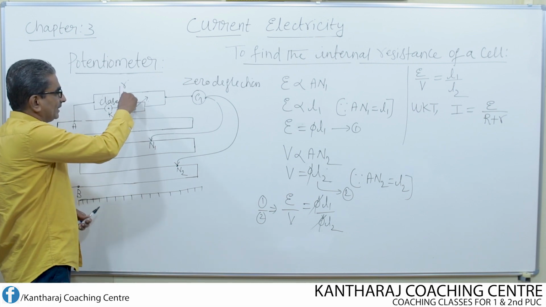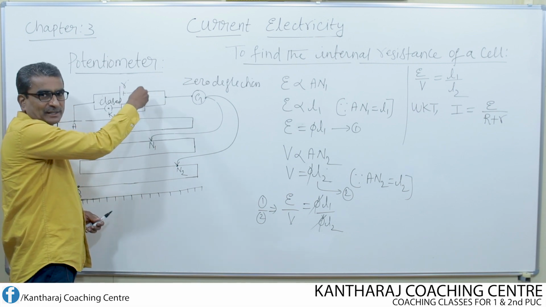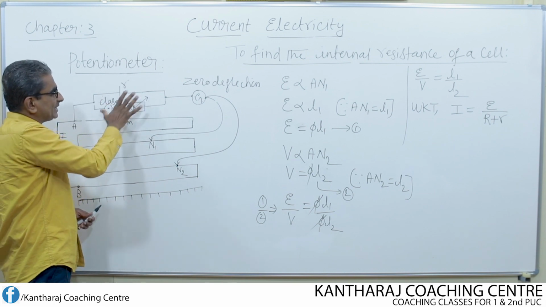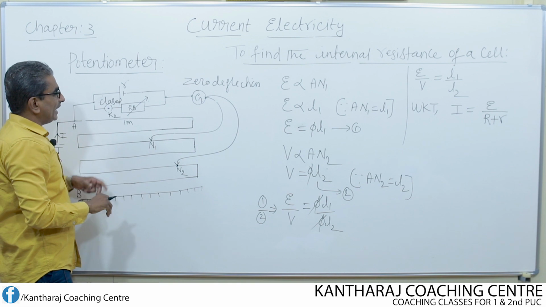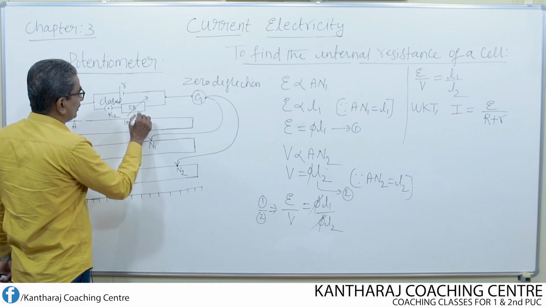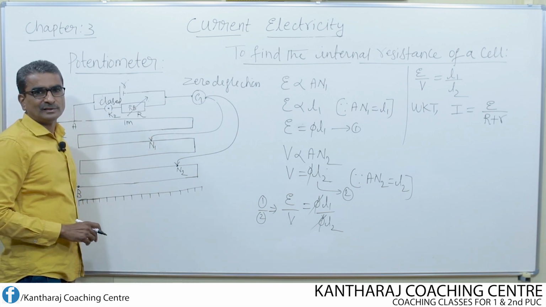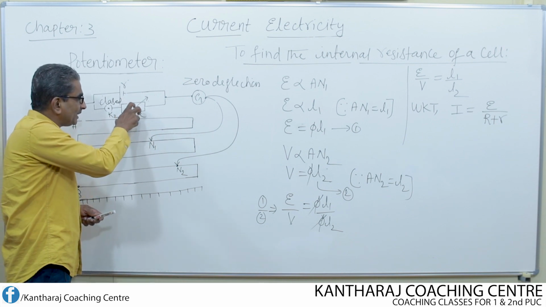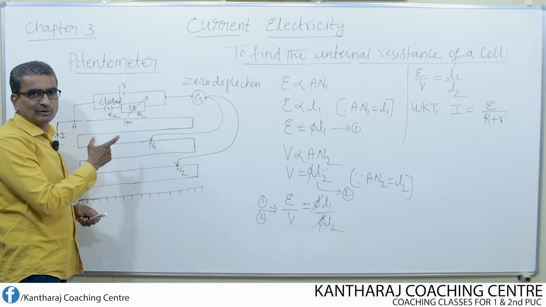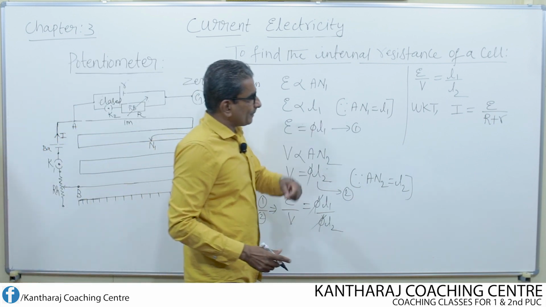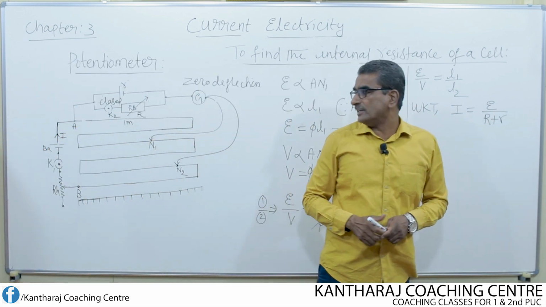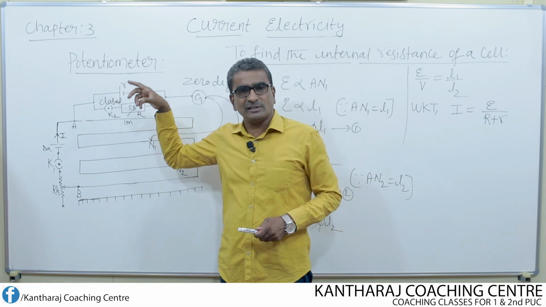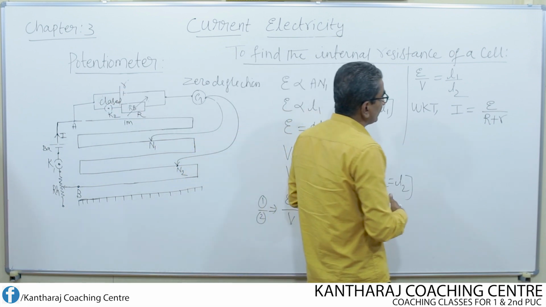So remove a plug key of suitable resistance value so that much resistance gets introduced into the circuit, and let that resistance be equal to R. Whatever plug I remove, the resistance corresponding to that plug is considered as R. So capital R is the resistance introduced into the circuit, and small r is the internal resistance of the cell, which is to be determined.